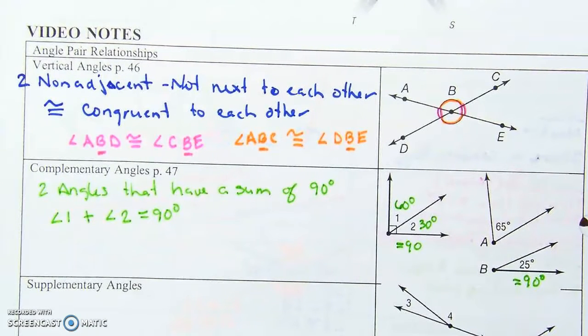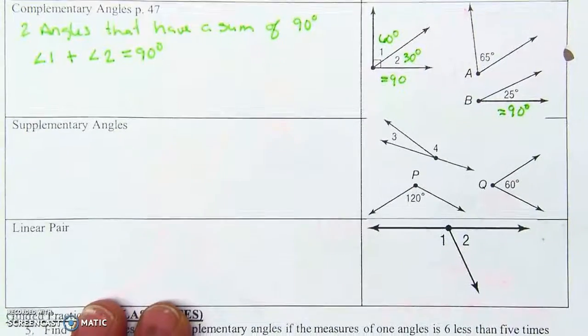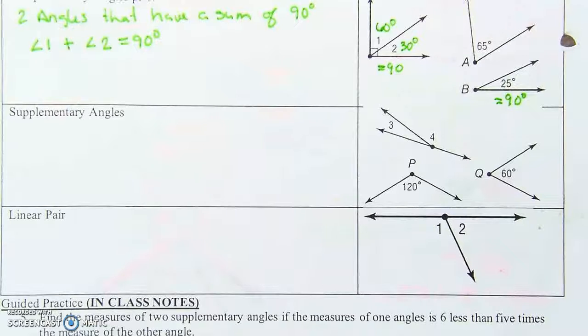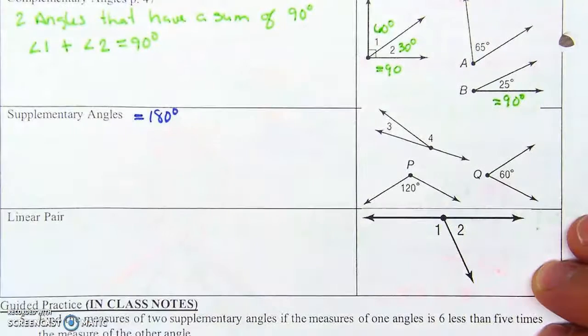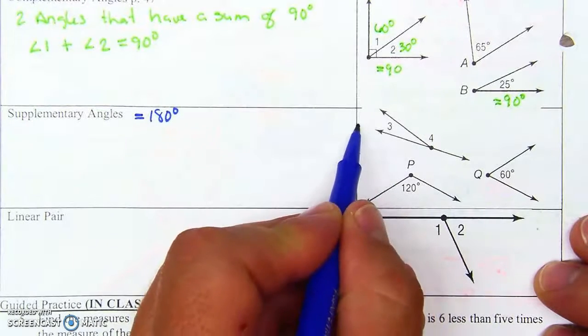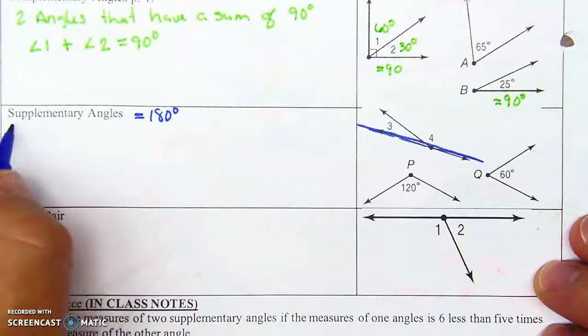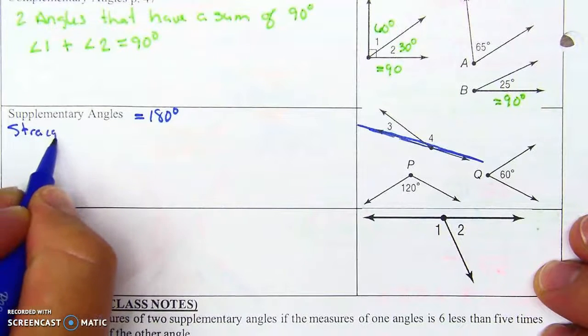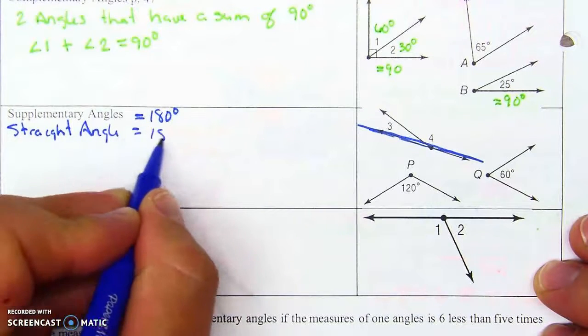Now, we've already talked about this a little bit in regards to supplementary angles. Supplementary angles, as we mentioned earlier, together equal 180 degrees. Again, notice all this right here is a straight angle, which equals 180 degrees.